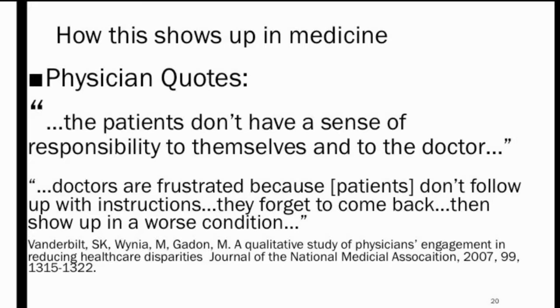We need to start thinking about what other factors other than individual responsibility might be at play here, whether it's social conditions related to the availability of transportation or childcare, or money to come in for visits, all kinds of things, instead of just assuming it's individual responsibility.